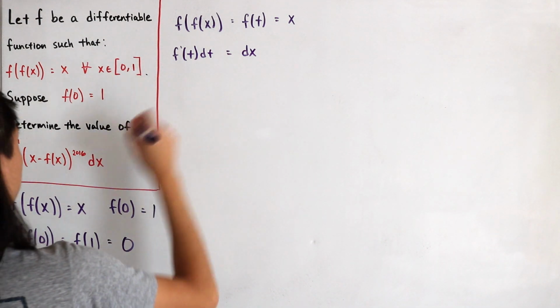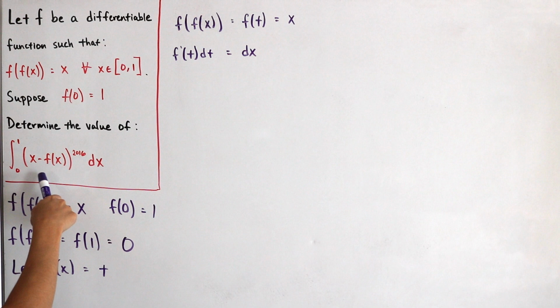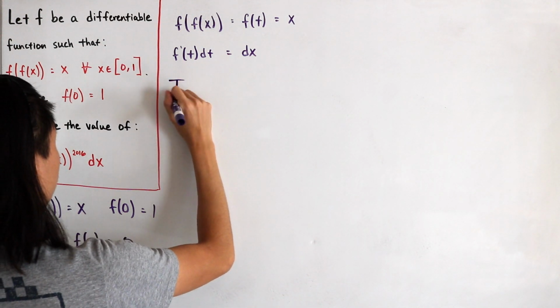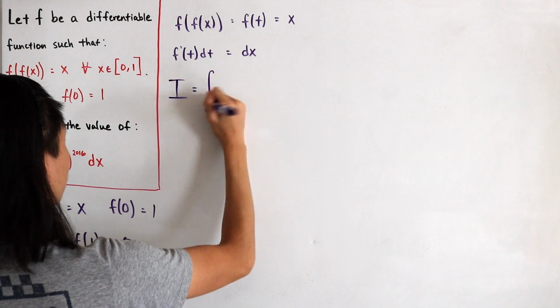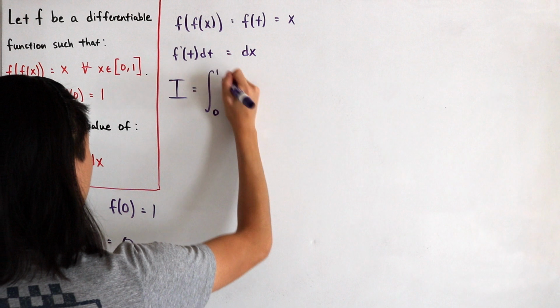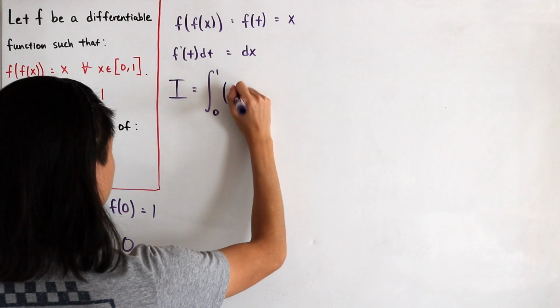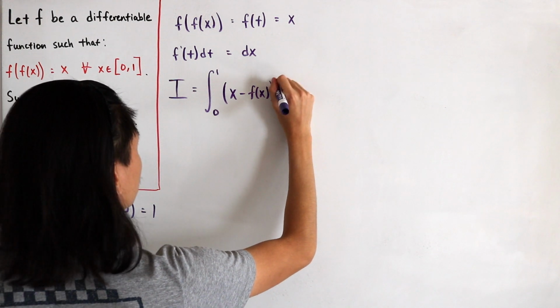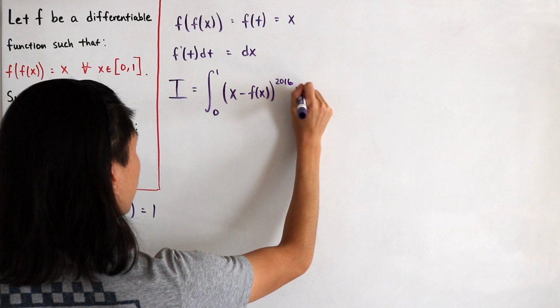Now we can jump into calculating this definite integral. We'll call this capital I, defined as the integral from 0 to 1 of (x minus f of x) to the 2016 dx.